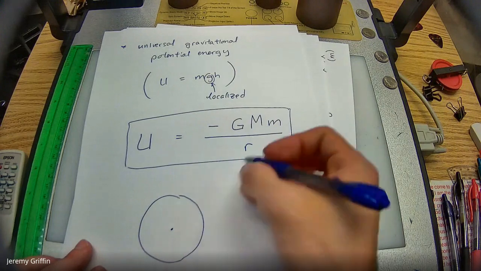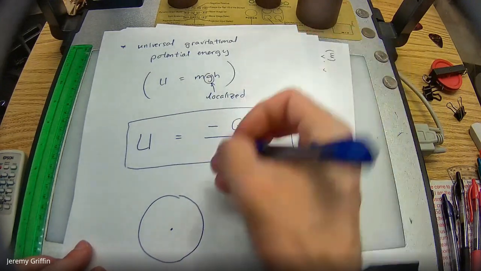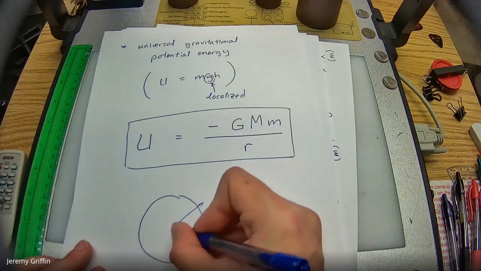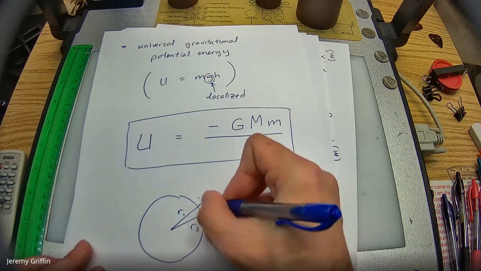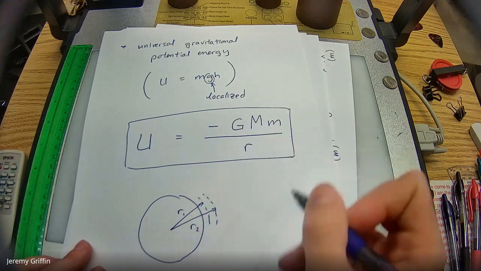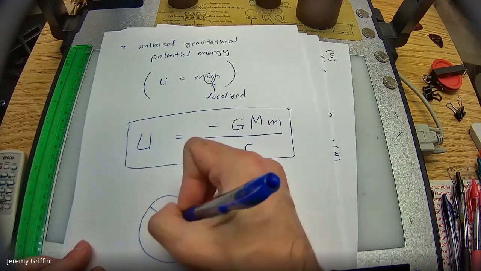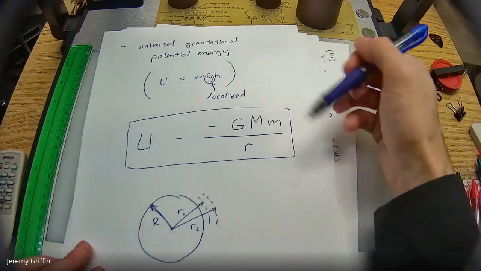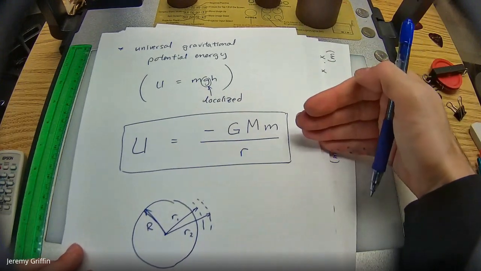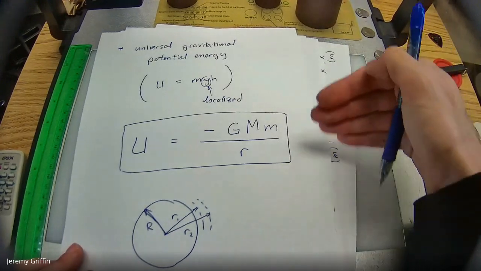Okay. Now, if your radial distances are pretty close to each other, like let's say you're going from this r1 to this r2, or r2 to r1, either way, where the height change is not that big compared to the radial size of the planet, then this actually simplifies to approximately mgh over some height change h, right?